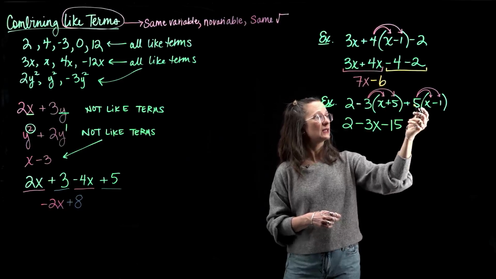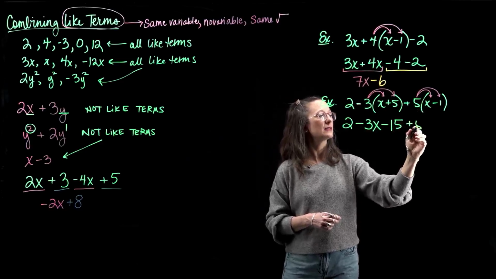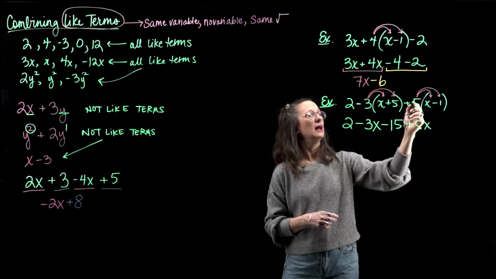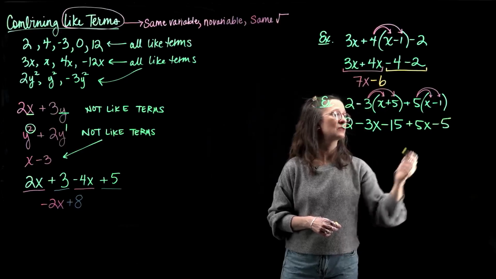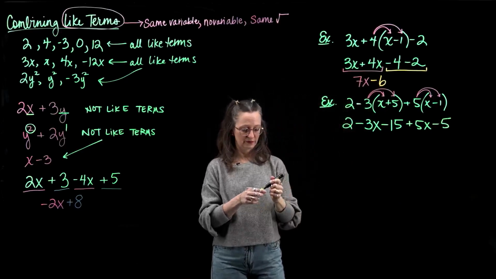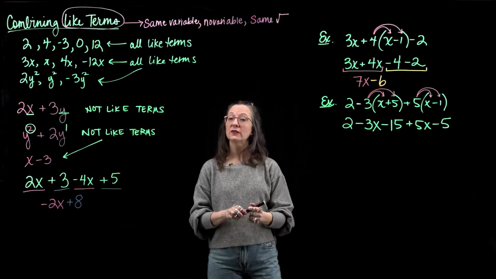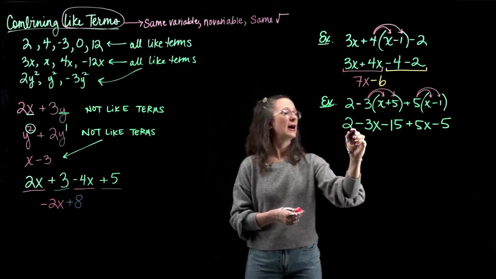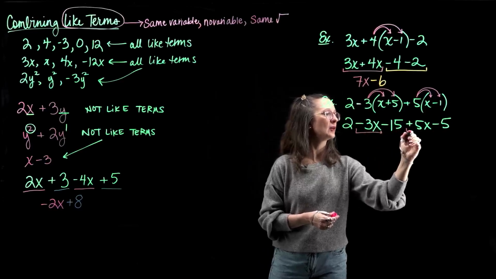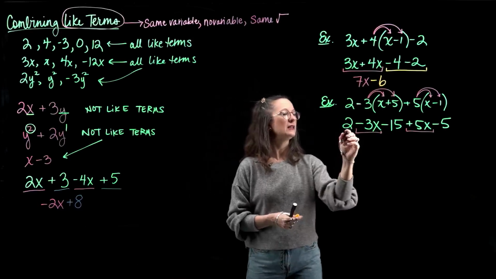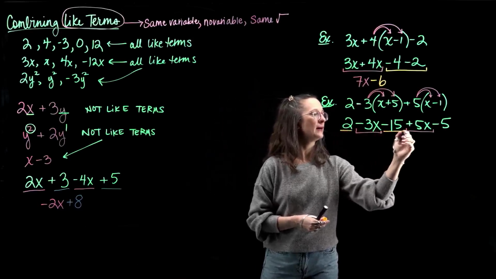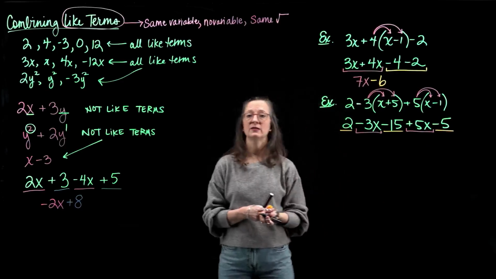And then for this second set of parentheses, I'll have a plus 5x, and then positive 5 times negative 1 gives me a minus 5. All right, let's look for sets of like terms. I have a minus 3x and a positive 5x. And then I have a 2, minus 15, and minus 5.